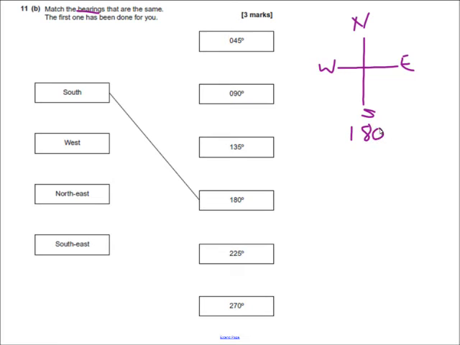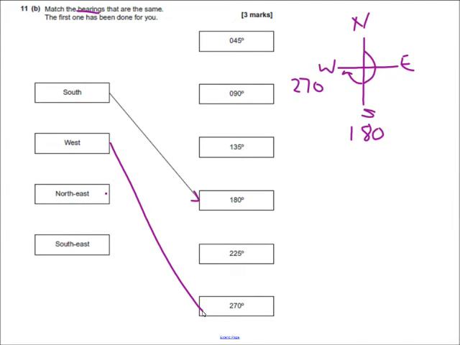We do all of our bearings from north around to where we're going. So that's why we have south matched with 180 degrees. West, well west we have to go around a bit further by 90 degrees, so 180 plus the 90, it means that west is on a bearing of 270 degrees.